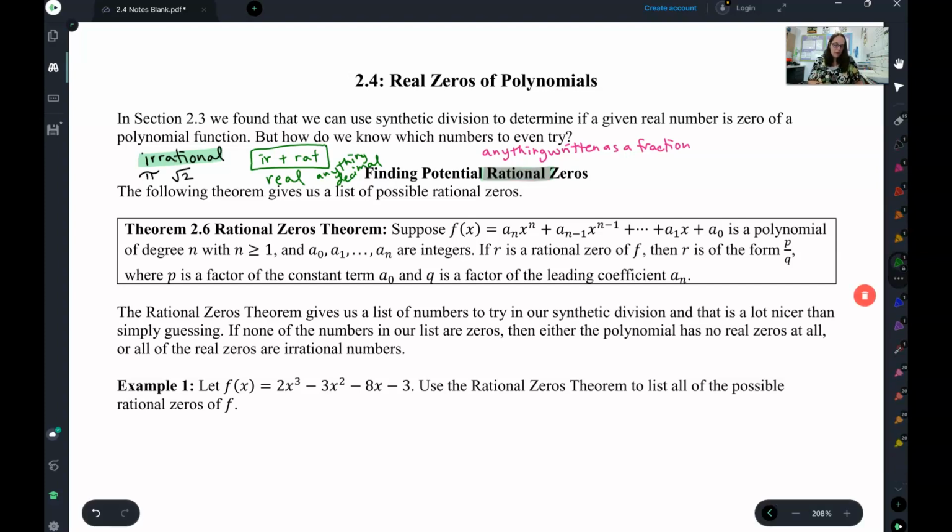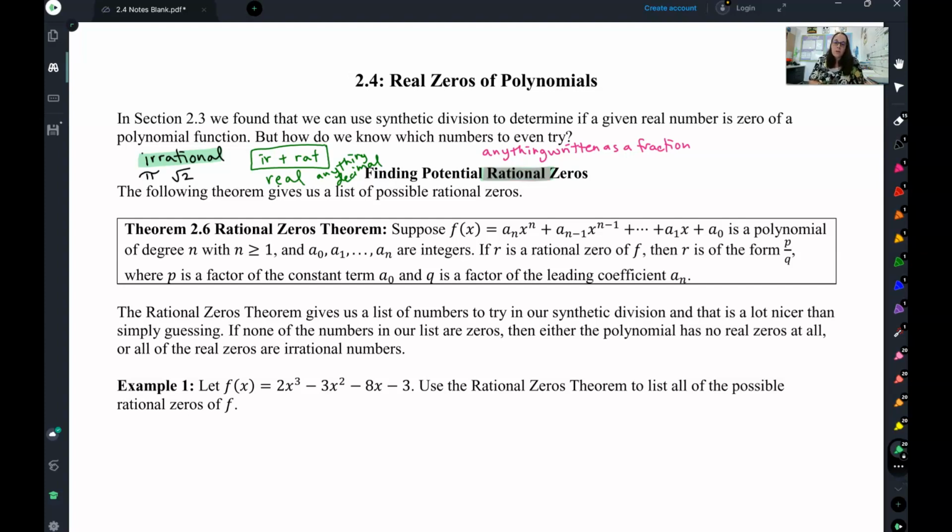Now we can look at the potential rational zeros theorem. Notice that this theorem will only give you the rational zeros. If you have irrational zeros, things where you would use the quadratic formula to find square roots, this will not help with those. This will only find the rational x-intercepts or zeros.